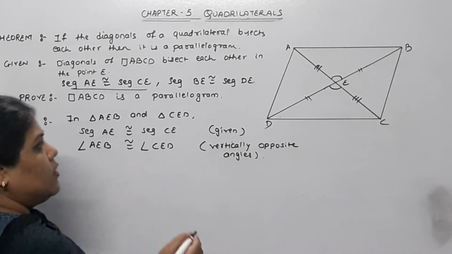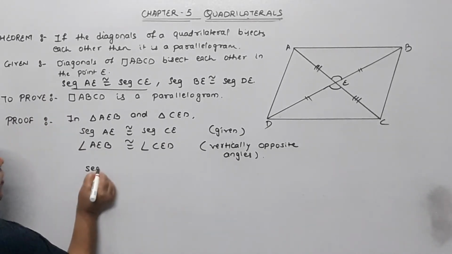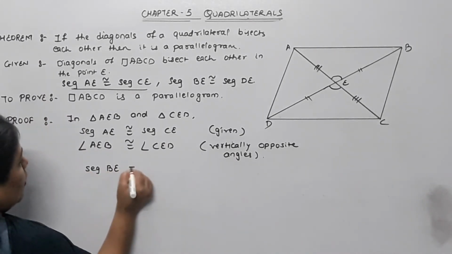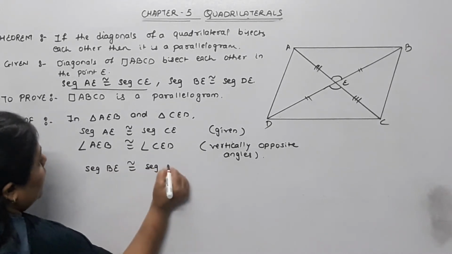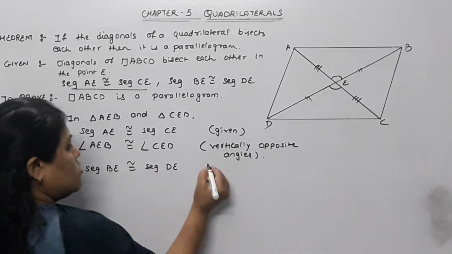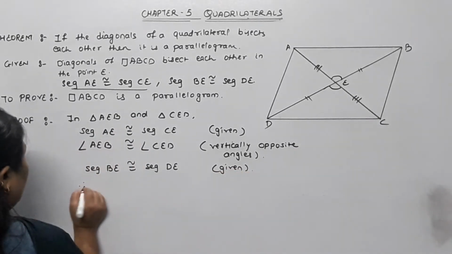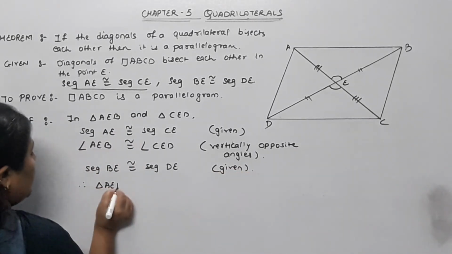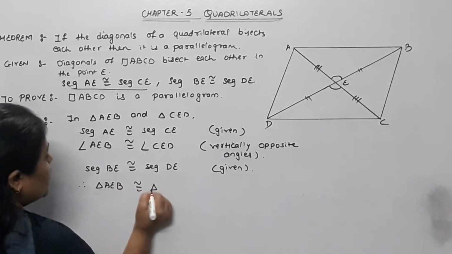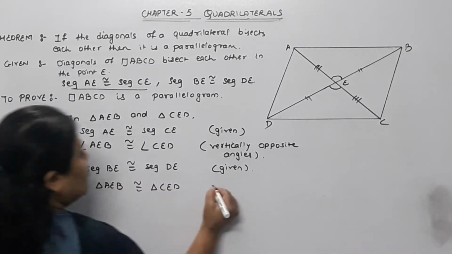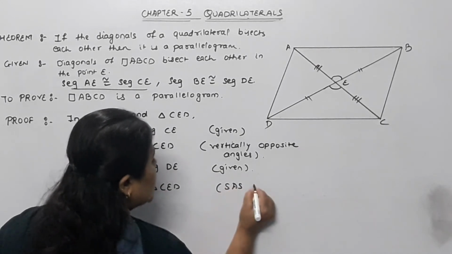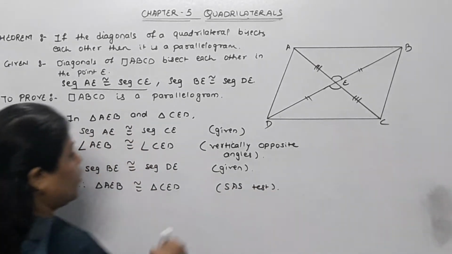Then seg BE is congruent to seg DE. This is also given. Therefore, triangle AEB is congruent to triangle CED, by which test? Side angle side test for congruency.